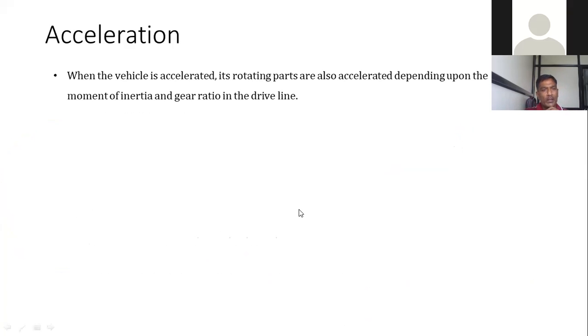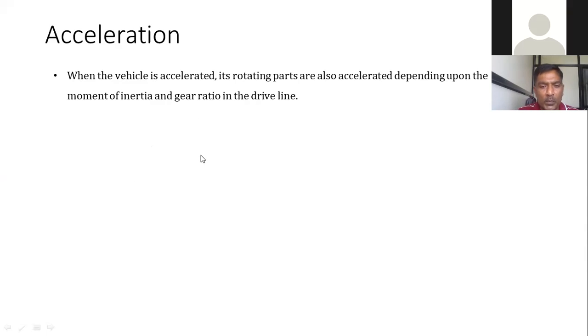So when the vehicle is accelerated, what we have seen, there are a number of rotating parts, and they are rotating with some gear ratio. Based on that, those are also going to accelerate themselves depending upon the moment of inertia.